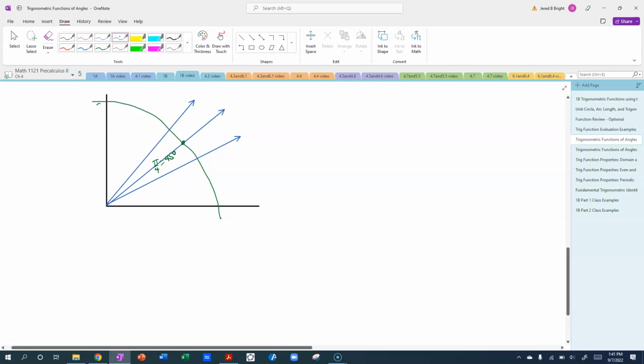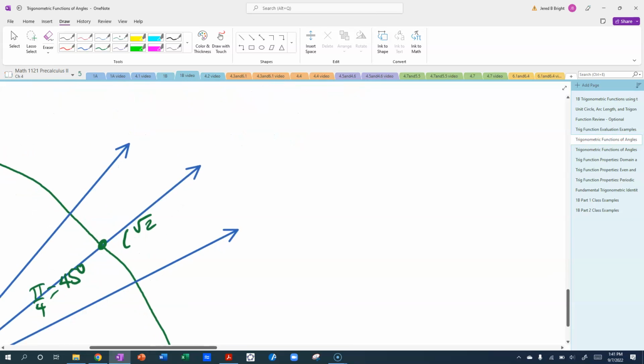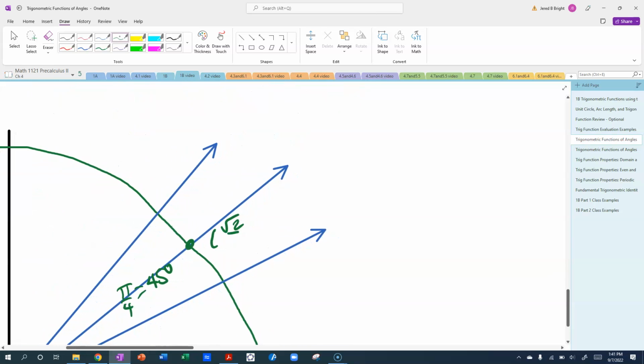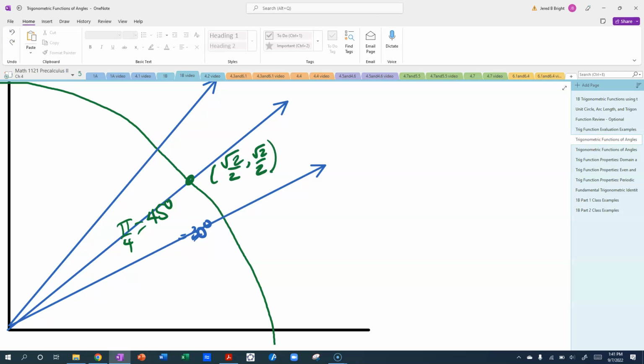This has coordinates square root of 2 over 2, comma, square root of 2 over 2. And then if this is a 30-degree angle, which is pi over 6, we find that this point here can be represented as square root of 3 over 2, comma, 1/2.